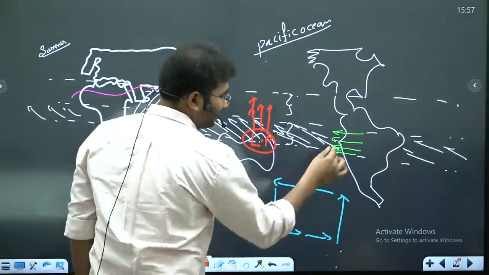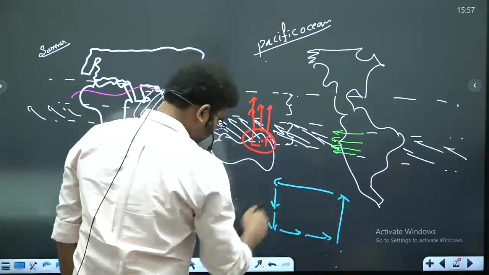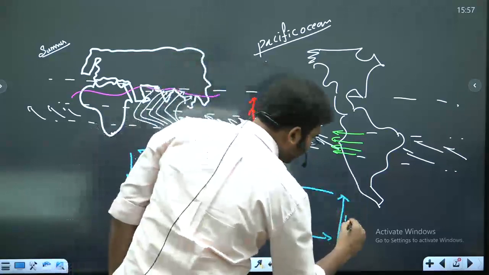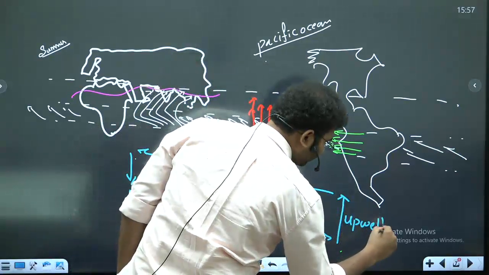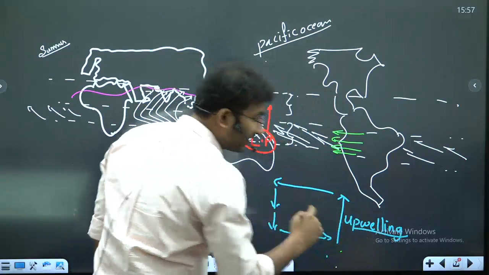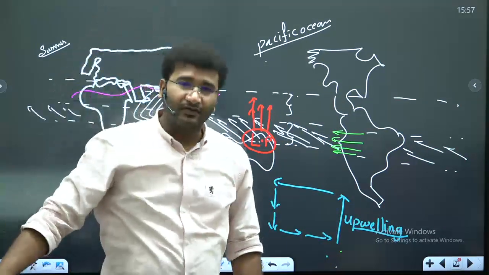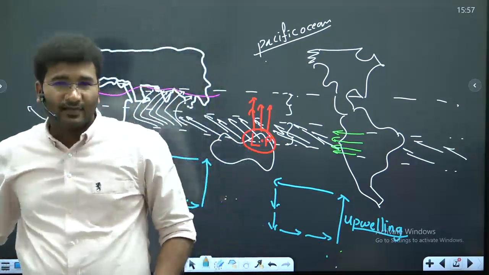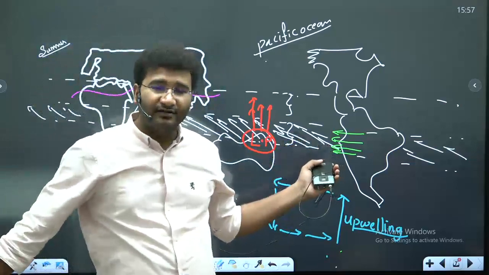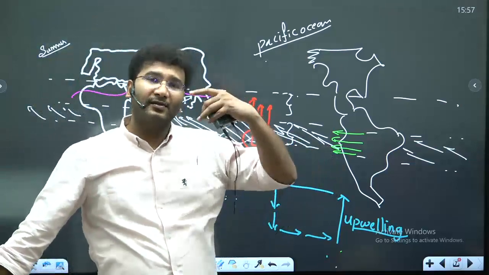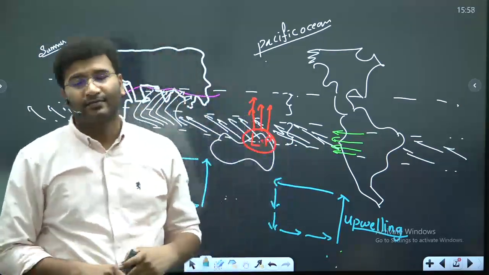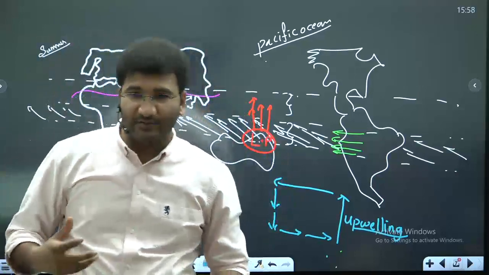And then यहाँ से water upwelling हो रहा है, ठीक है? Upwelling water will have what kind of weather above? If I have upwelling water here, what kind of weather I'll be having above the sea level? दोबारा सोच के बताओ.